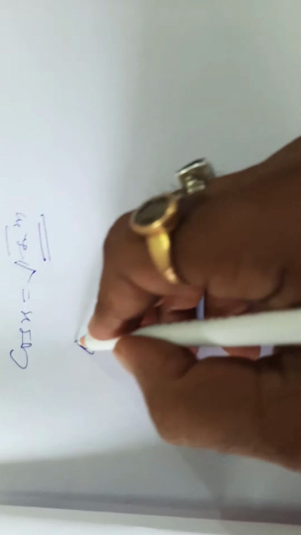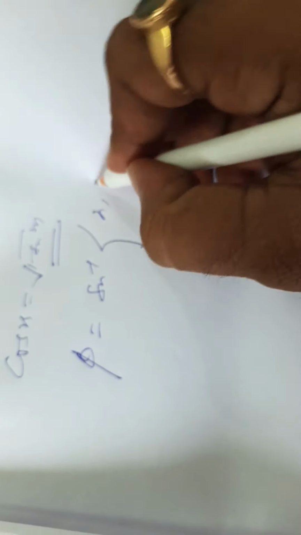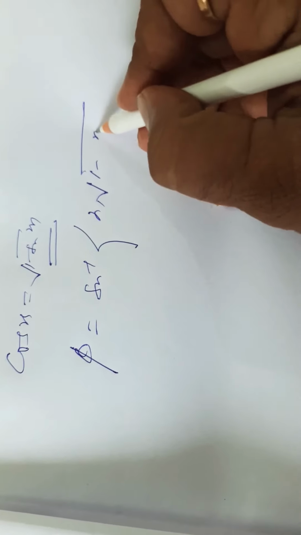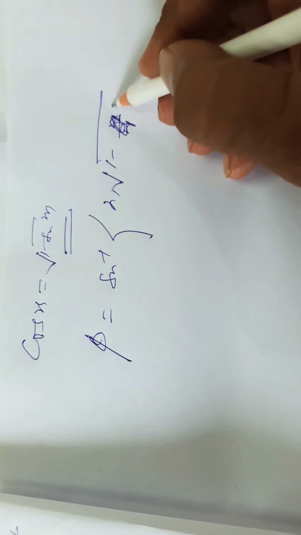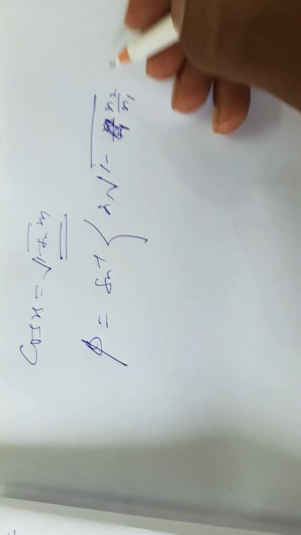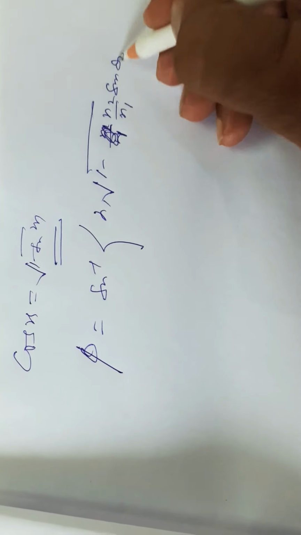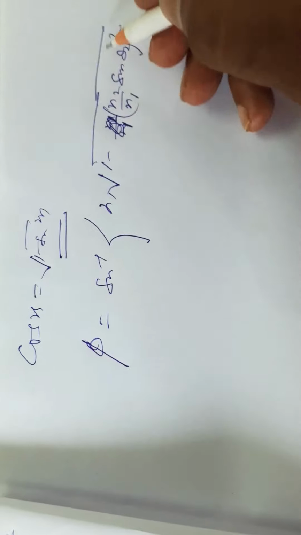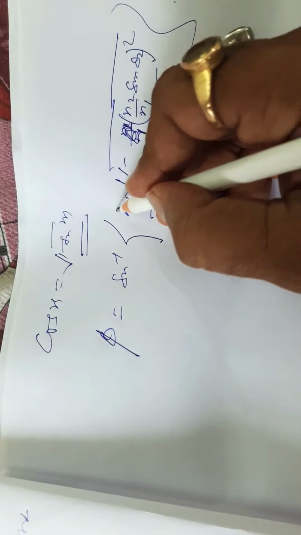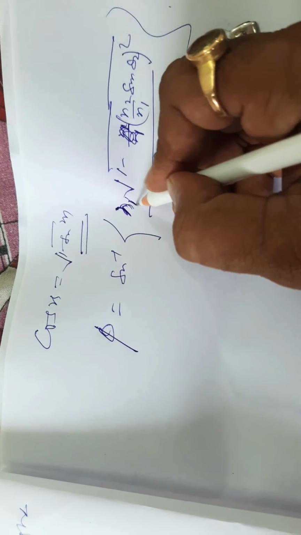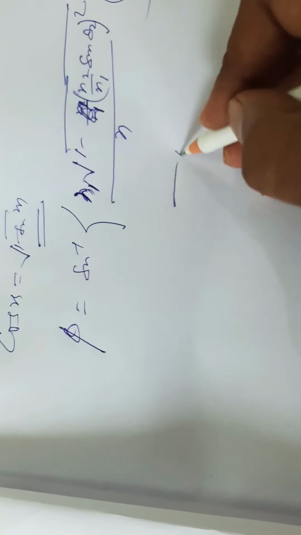Now we'll write phi equal to sine inverse of n1 by under root 1 minus n2 by n1 sine theta 2 whole square, by n, close the bracket. So this is equation number 4.